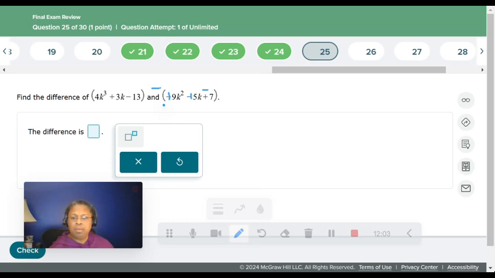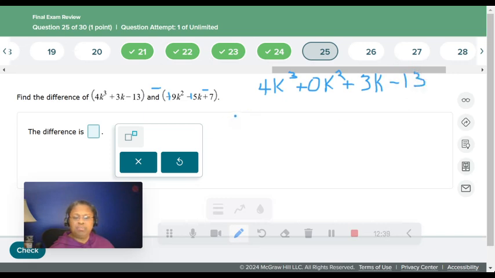So 4 plus, oh, sneaky, 4k cubed plus 0k squared plus 3k. Notice our exponents are in descending order. We don't write the 1, and then minus 13.